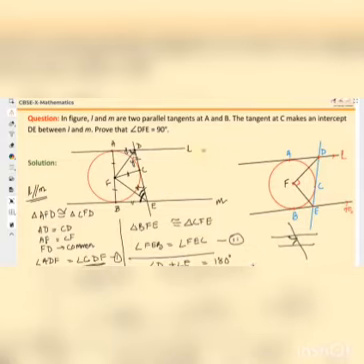That means in this triangle DFE, suppose this is D and this is E and this is F. Say this angle is X and this angle is Y. So these two angles, if I add, I am getting 90. So that means what? This angle is also 90.